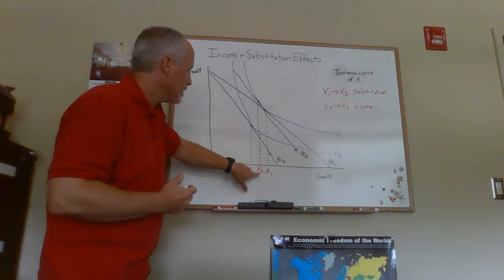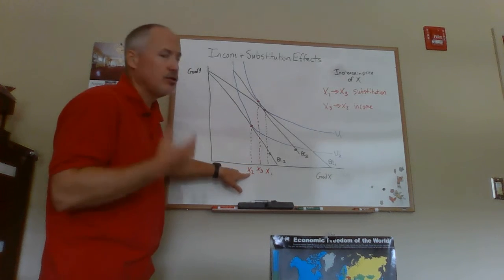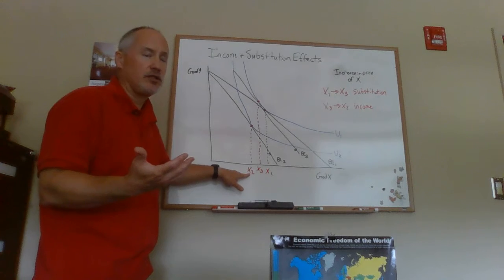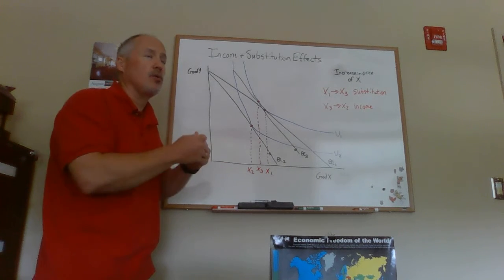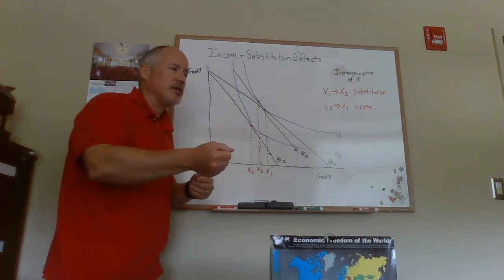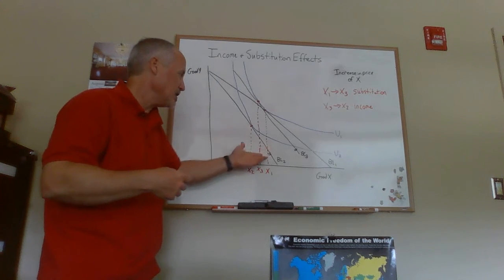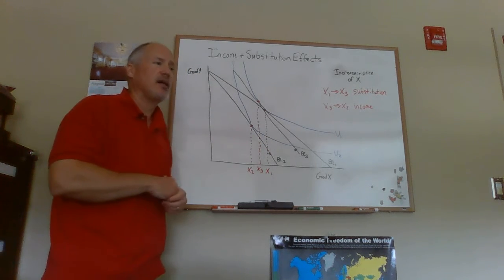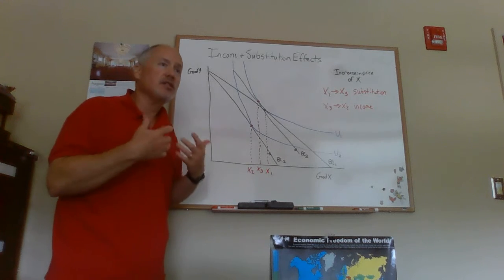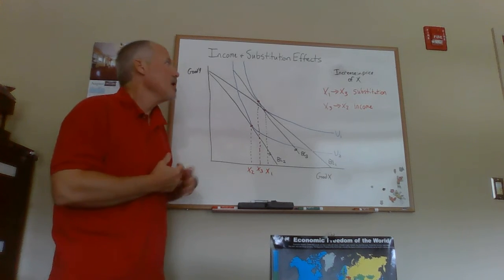And we see that the income effect goes from X3 to X2. That's a decrease in the amount of X consumed. So this must be a normal good. A normal good is one where when your income goes up, you buy more. When your income goes down, you buy less. There's a decrease in real income, and the person is buying less of good X. So this is a normal good.